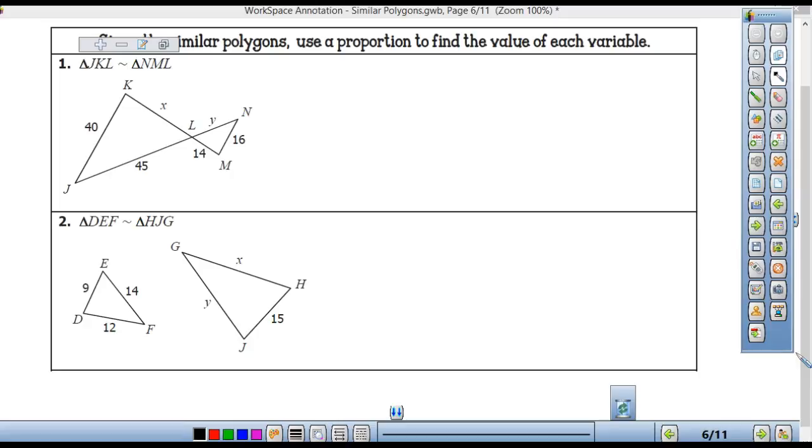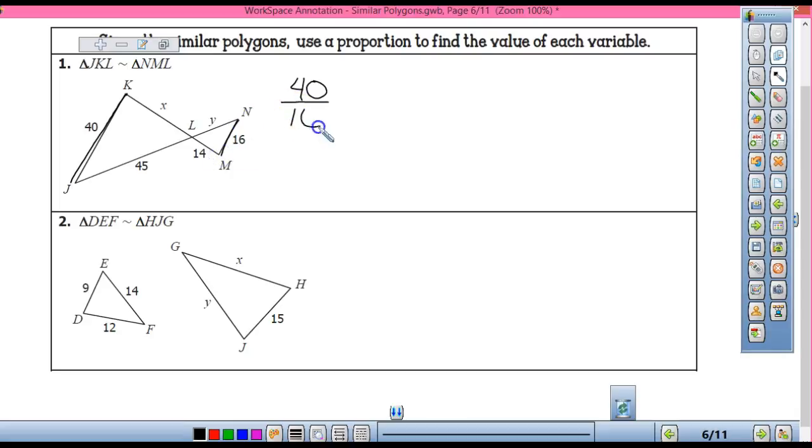Okay, now they want the value of each variable, so you're going to have to end up doing this twice. Okay, but you want to pick the sides so that you can find a scale factor. Okay, so JK is 40, goes with who? MN, so that is 16. Now, you can do this two different ways.